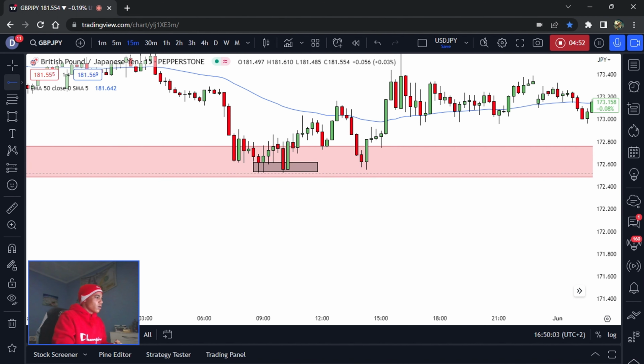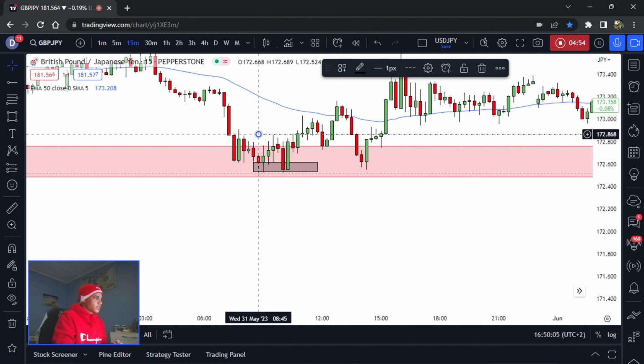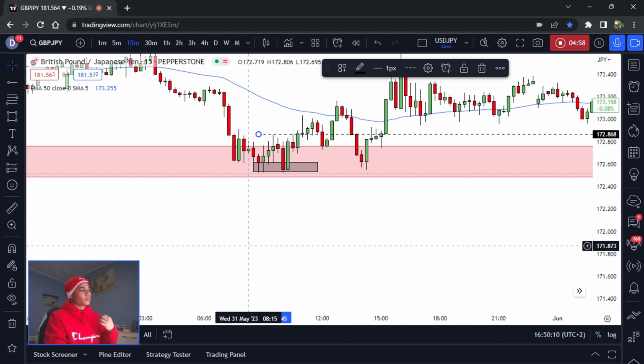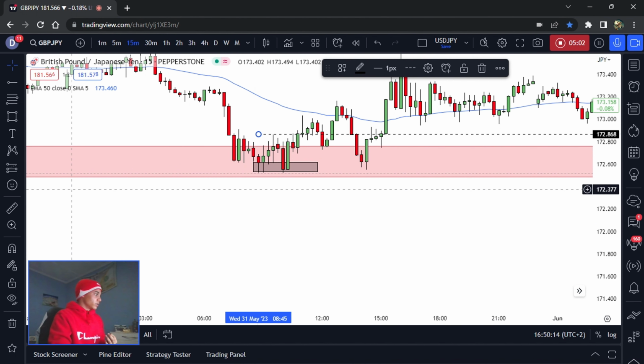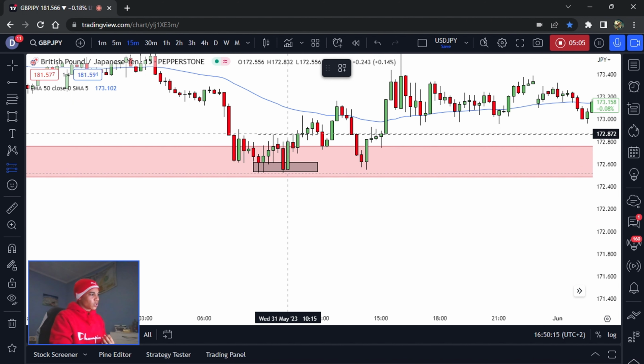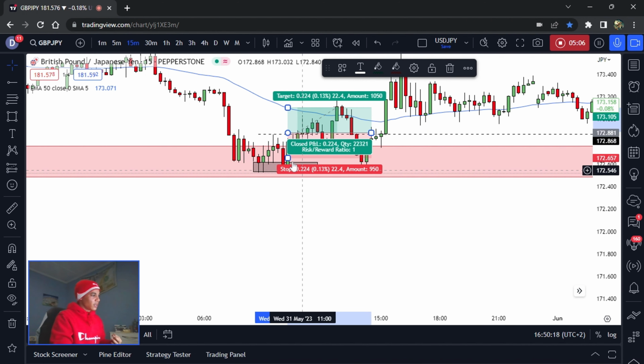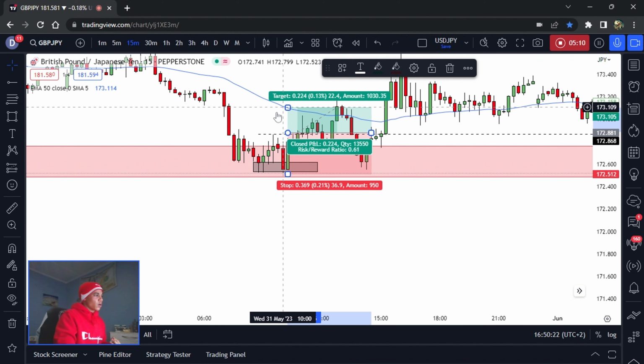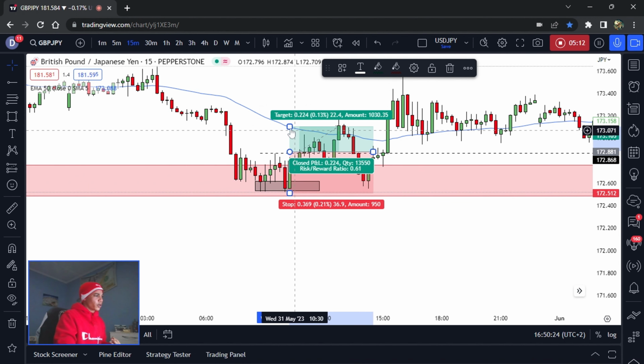The next thing is to identify its neckline. So there's the neckline of the double bottom. The next thing is we want price to close above this area so that we can have an entry point. So as we can see, we have a price closing above this area right there, and we want our stop loss to be below this box, which is the termination box for the double bottom.